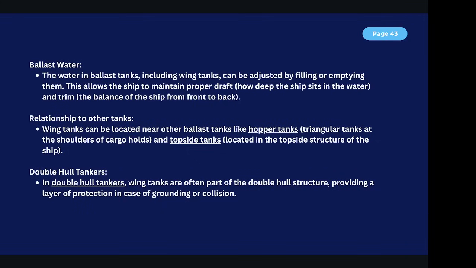The topside tanks are located in the topside structure of the ship. In double hull tankers, the wing tanks are often part of the double hull structure, providing a layer of protection in case of grounding or collisions.